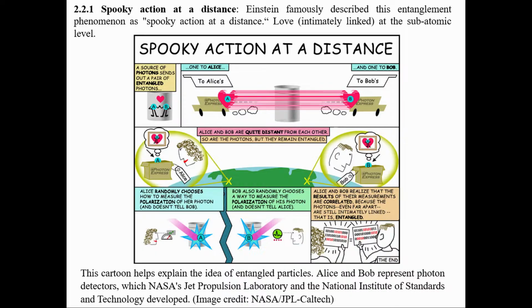They are basically photon detectors. So if she does something, even if she tries to measure its quantum bit, Bob will automatically know that she is measuring, and immediately, whatever the measurement, the other is correspondingly determined.